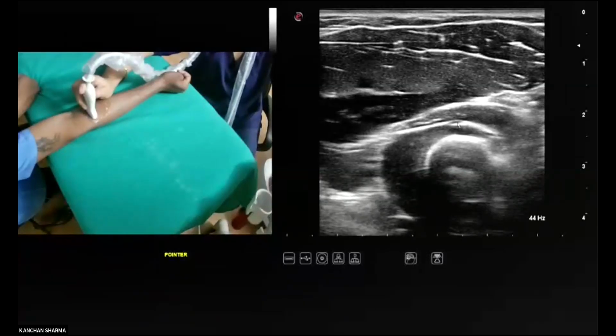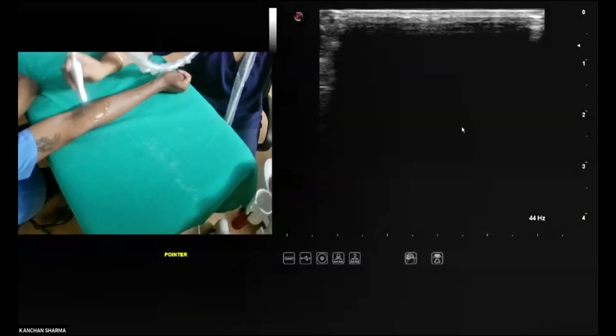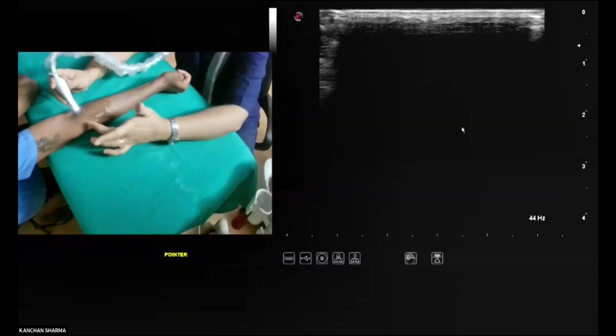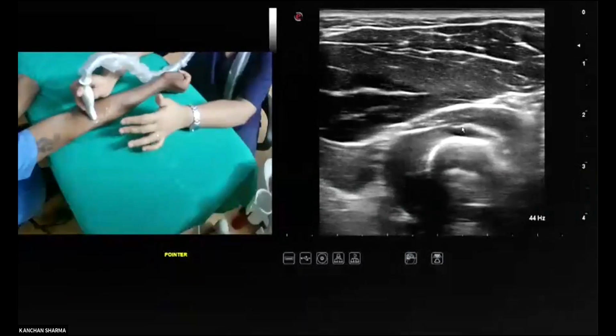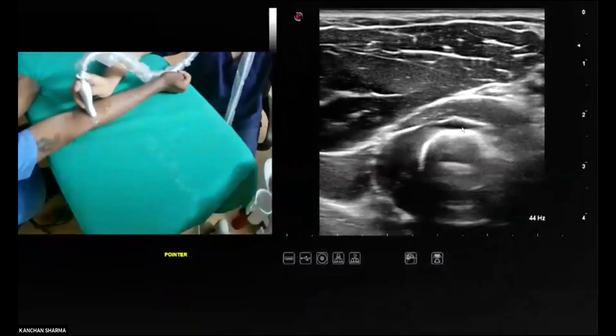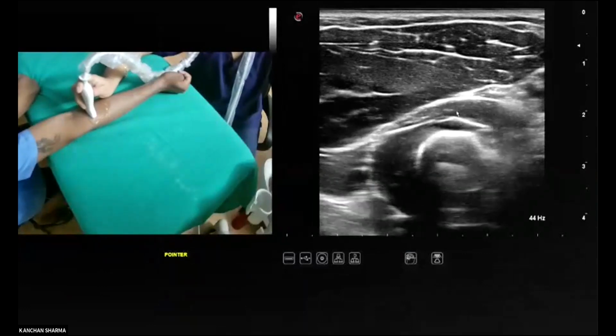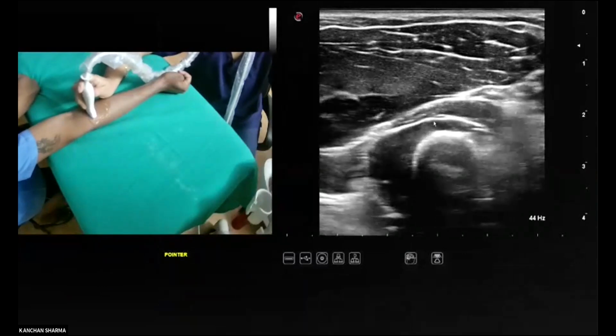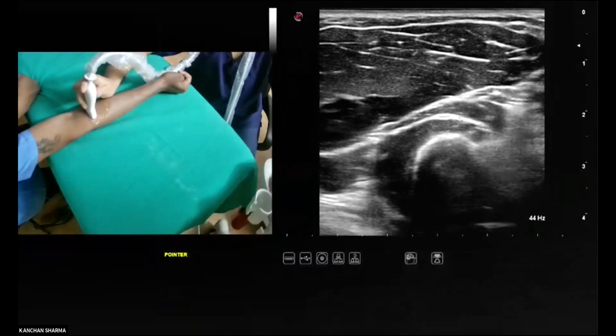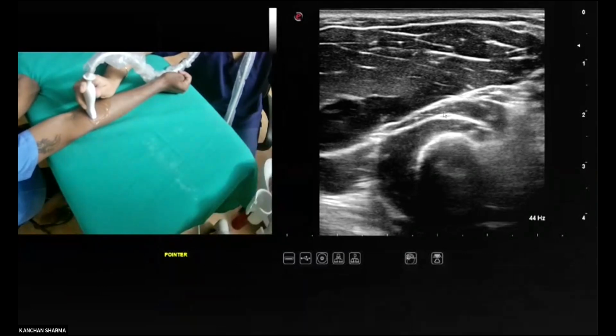In between these two, there should be one black dot. Again, you put it approximately 3 centimeters beneath, so you will be over the structure where you will be able to see the two heads. Two muscles should be there, and in between these two muscles, there should be a hyperechoic line. And in that hyperechoic line, look for this black dot.